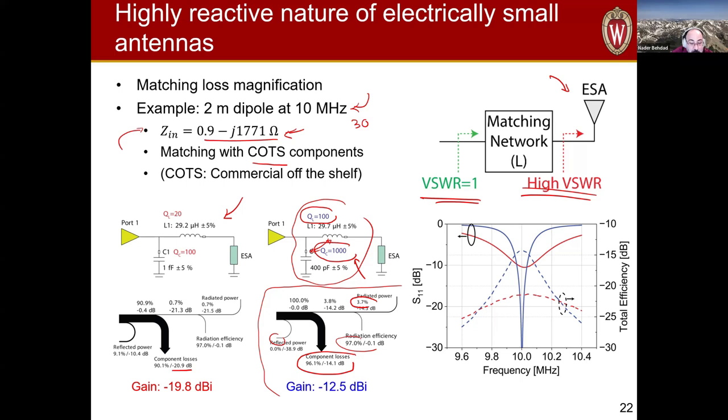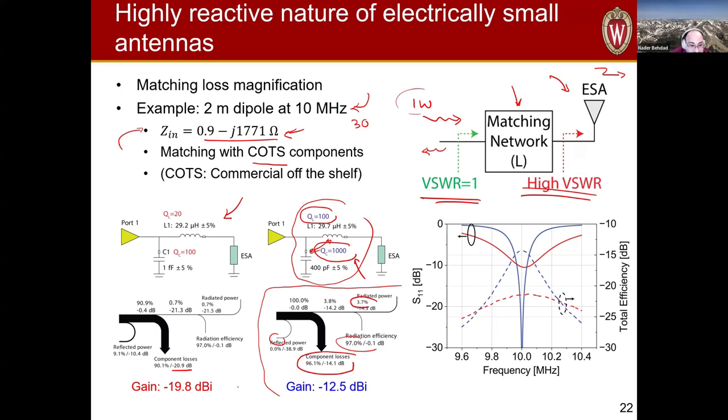And so collectively, when I look at my realized gain, let's say I'm putting 1 watt of power into this, and there is a little bit of power that's getting reflected, some power lost, and then I look at the power that's radiated from my antenna relative to the power that's incident to the antenna, which is this 1 watt here.